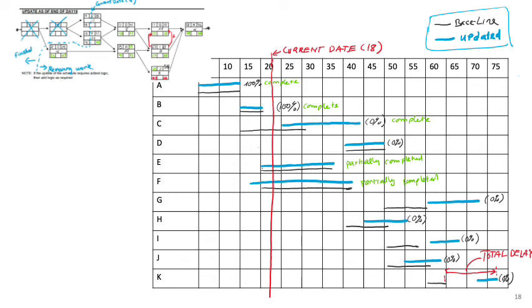And then activity I, the same. You have to push activity I for many days. All right, so this is a kind of bar chart that's showing both original baseline schedule and the updated schedule.